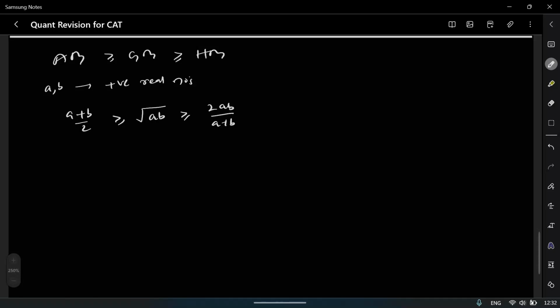Okay. So here equality holds only when A equals B.